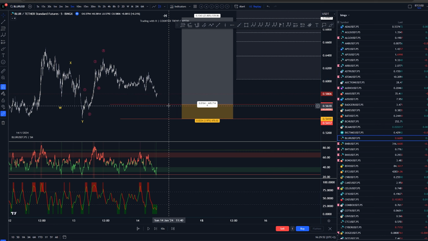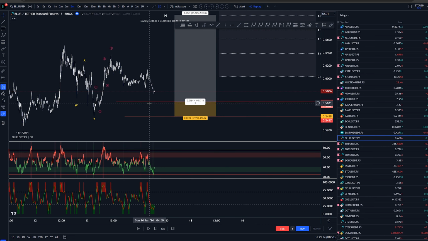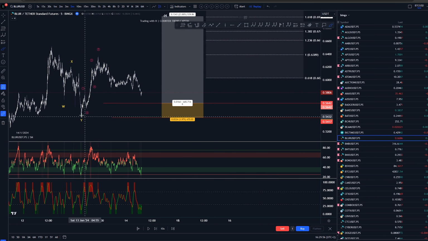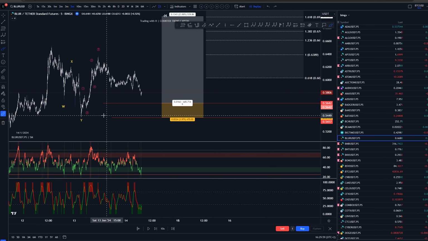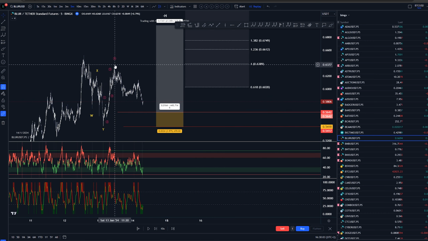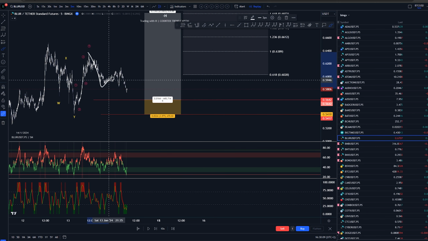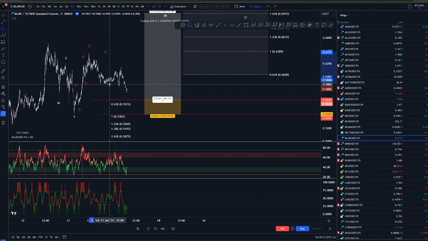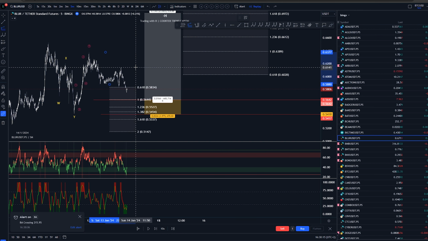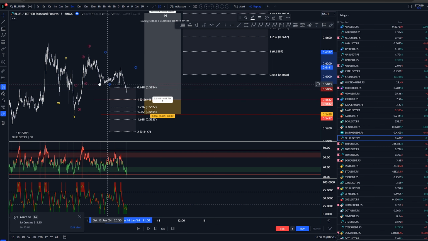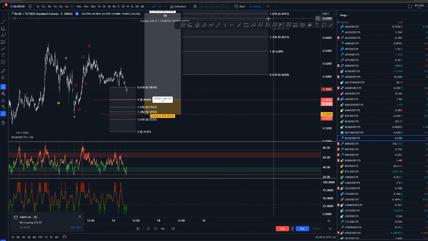So around here was the target area for that long setup, long against the low here, targeting mostly the 1-to-1 extension, or at least the top of this previous wick. What we would be seeking here is yet another 3-wave structure, something like this. We would be targeting that 1-to-1 extension as well, and we'll see how this plays out.